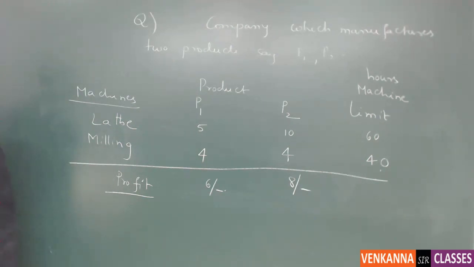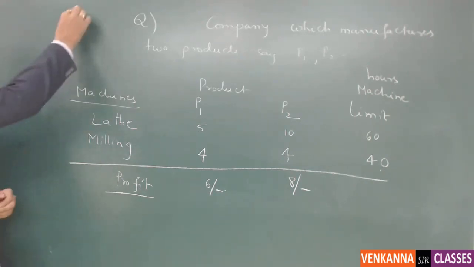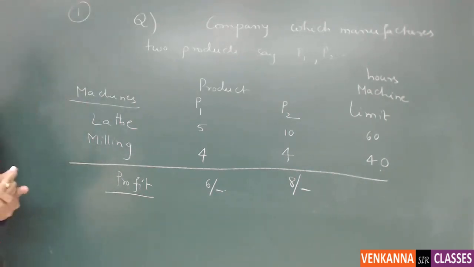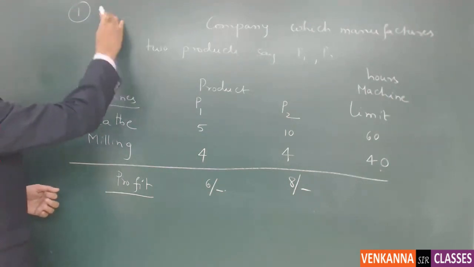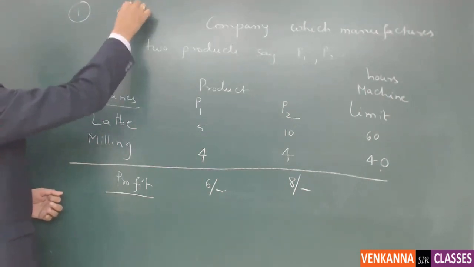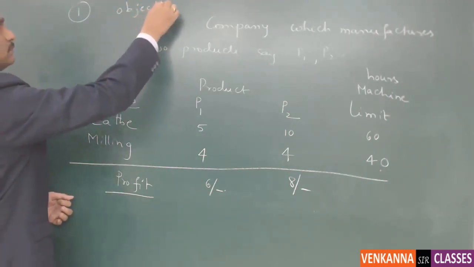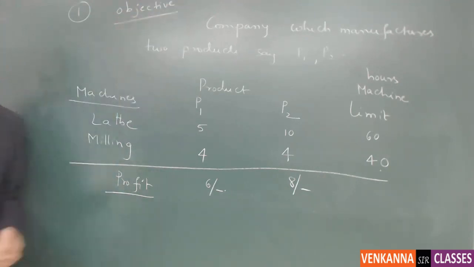How are we formulating an LP problem? On observing this set of data, the first thing is every LP problem should have an objective. What is the objective for this problem?